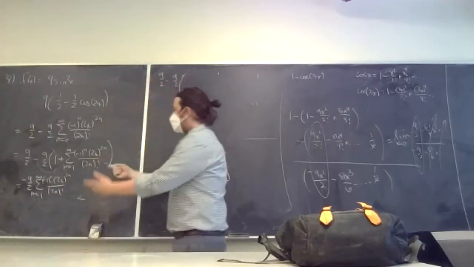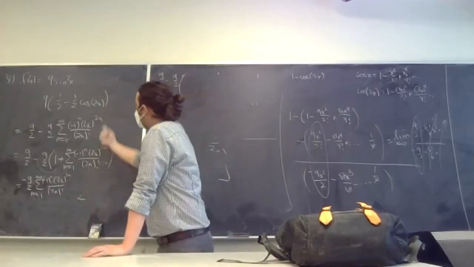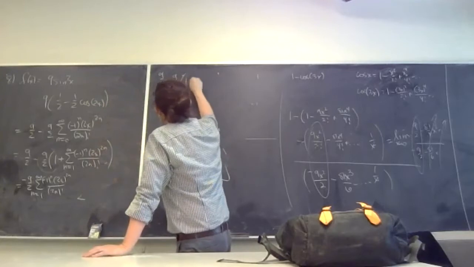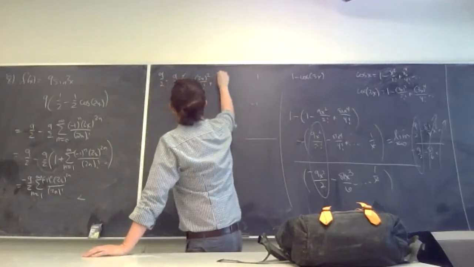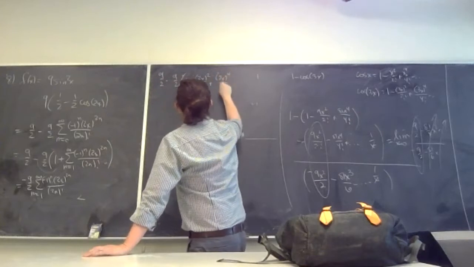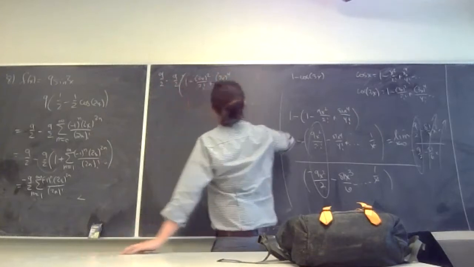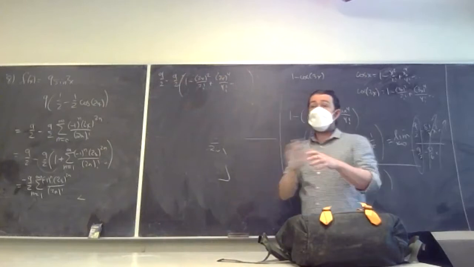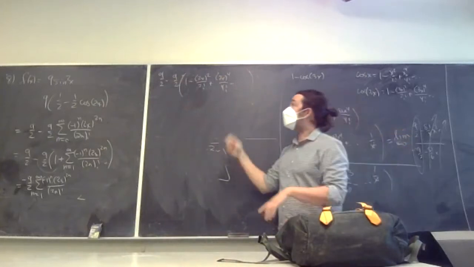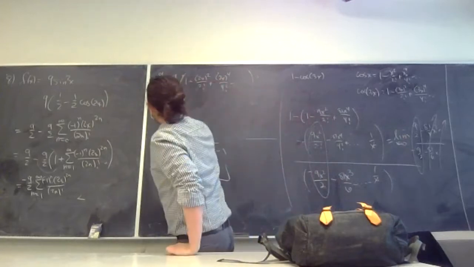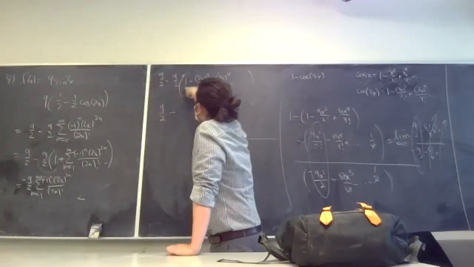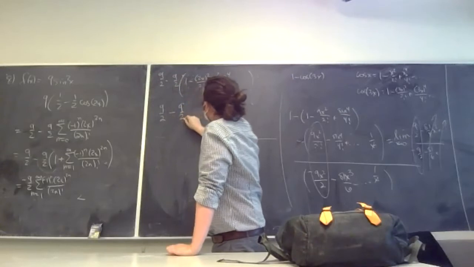I would write, okay, what's the series for the cosine of 2x? Well, it's 1 minus 2x squared over 2 factorial plus 2x to the 4th over 4 factorial and so on. I would have written it like that without the sigma notation. Just expand it, and you get the same result. You start distributing the 9/2 inside.